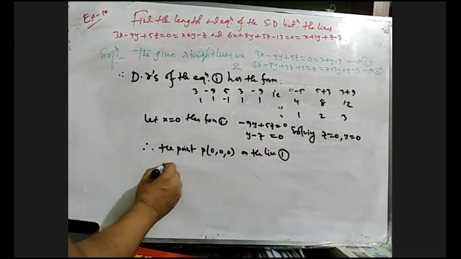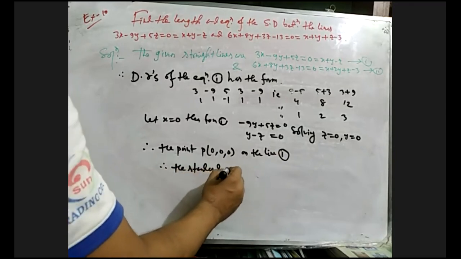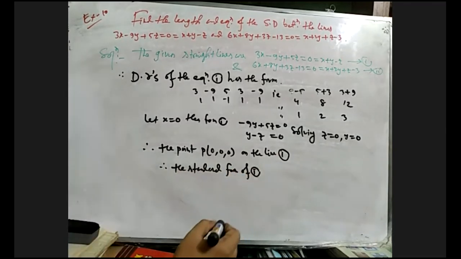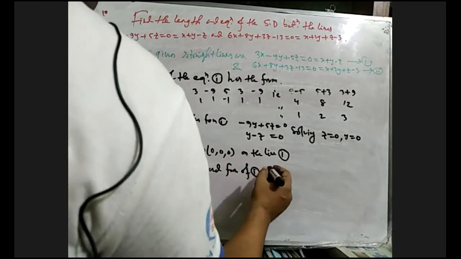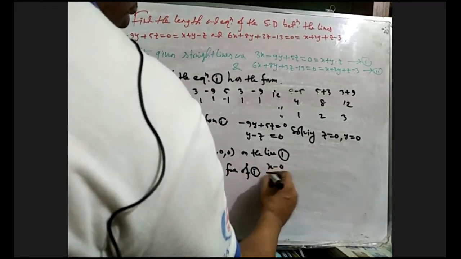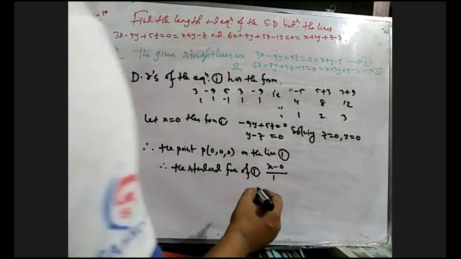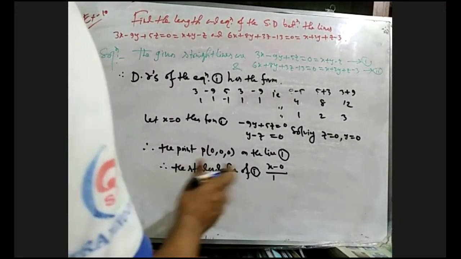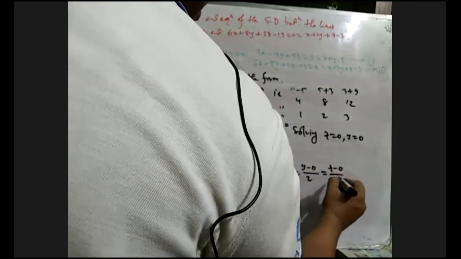Therefore, the standard form of 1 will be (x - 0)/1 = (y - 0)/2 = (z - 0)/3.